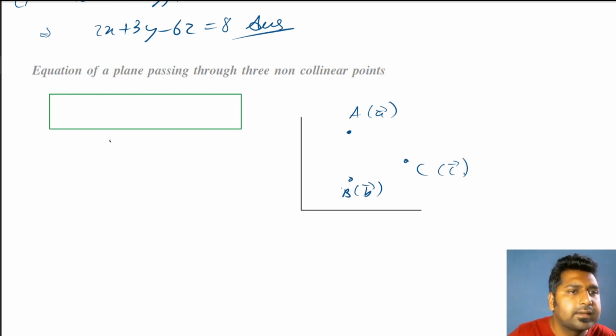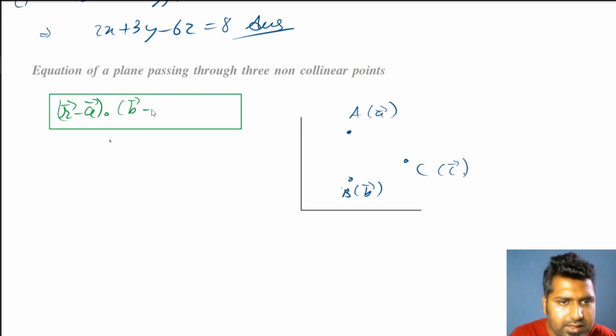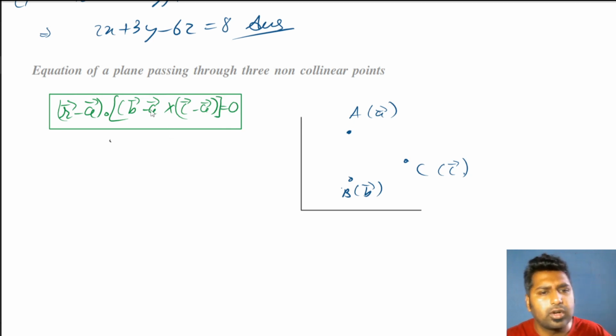The formula is R minus A dot B minus A cross C minus A is equal to 0. So first you do B minus A cross C minus A, and then do the dot product with R minus A.